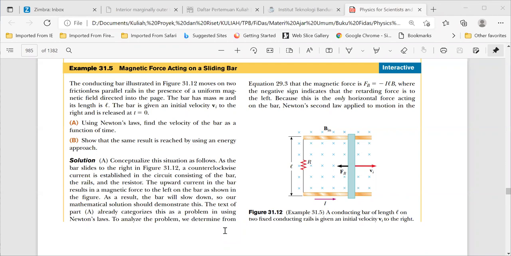Question A: using Newton's law, find the velocity of the bar as a function of time.